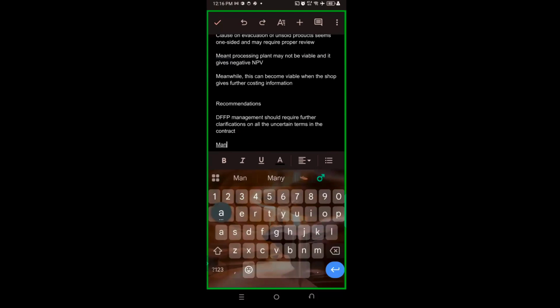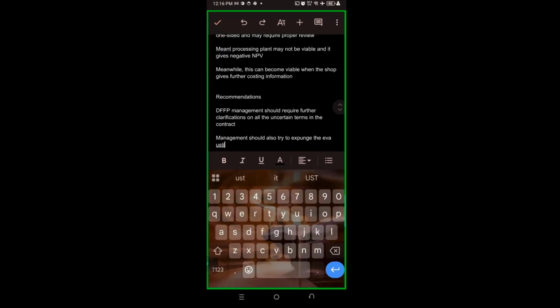Management should also try to expunge, take away, the evacuation clause from the contract.